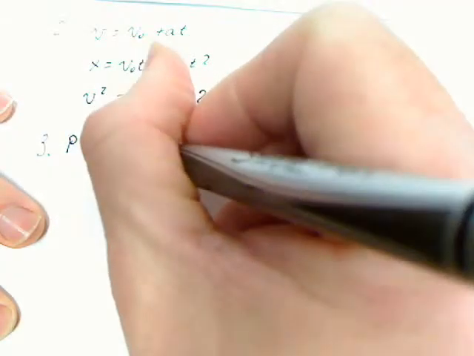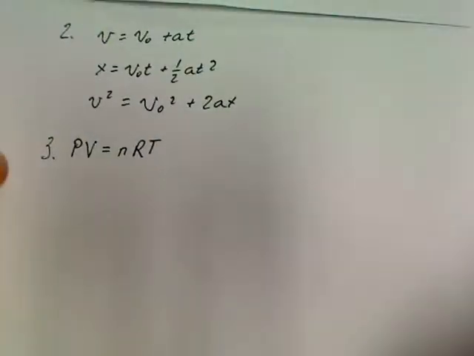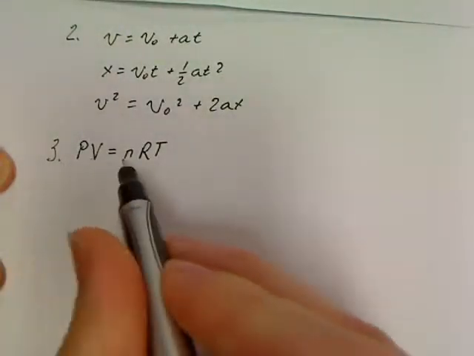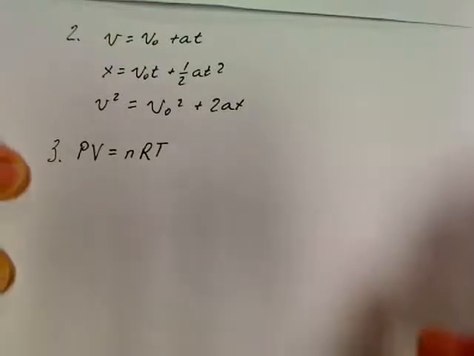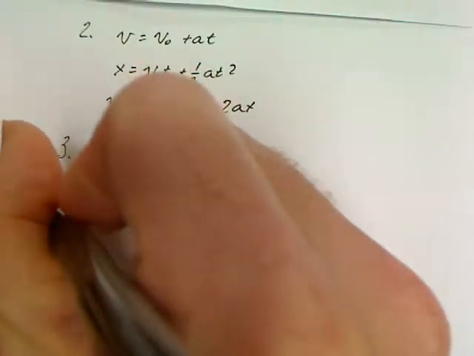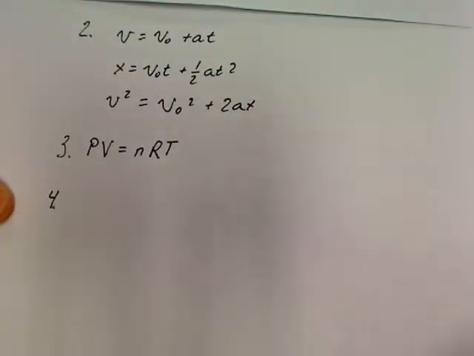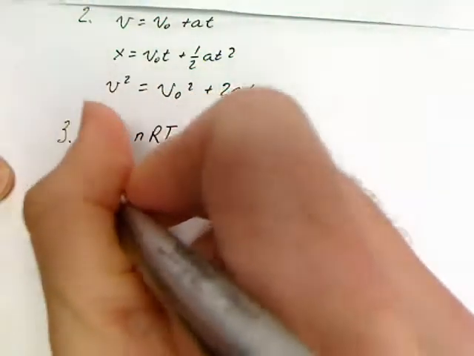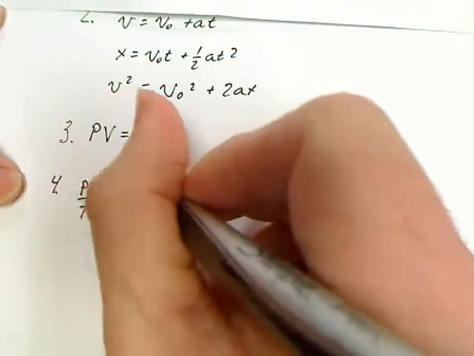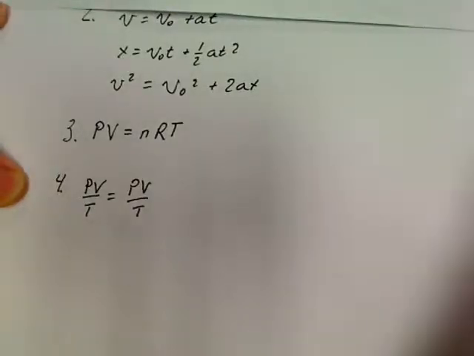The ideal gas law, number 3. Ideal gas law is PV equals nRT. Pressure, volume, moles, R is a constant, T is our temperature. Number 4, combined gas law is PV over T equals PV over T. It's just a proportion.